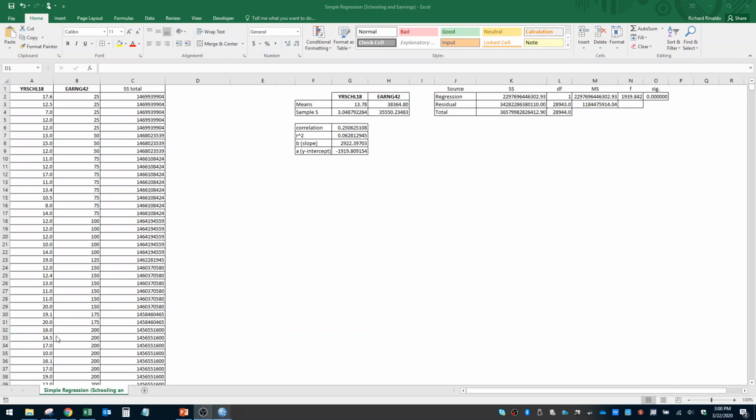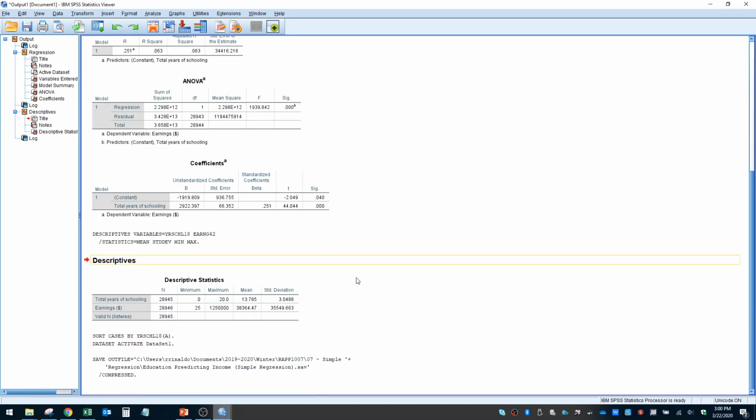So we're working with the income and education data. What we have here is the calculation of the slope and the intercept. This replicates what is in SPSS. So if we were to run this in SPSS, here are our values.